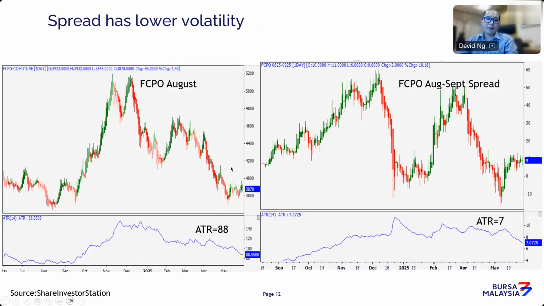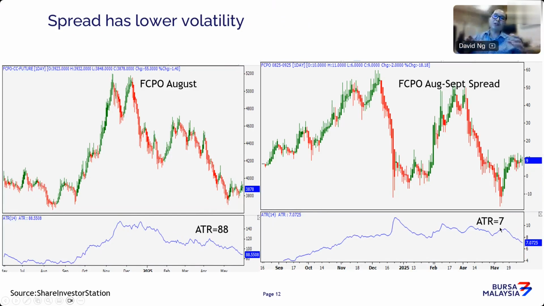So this is what I meant. If you look at this chart on the left, this is the S&P August outright. The bottom panel is ATR, which stands for Average True Range. It measures the high and low of the particular period, and this is daily. Now on the right is the S&P August September 2025 calendar spread. Notice the ATR for the outright on a daily basis is about 88 points, while on the August September spread it is only about 7 points.